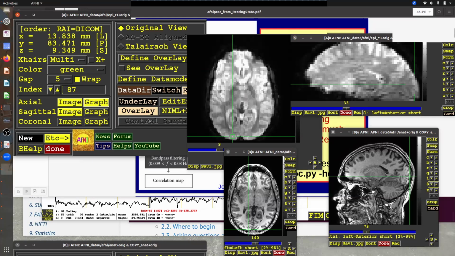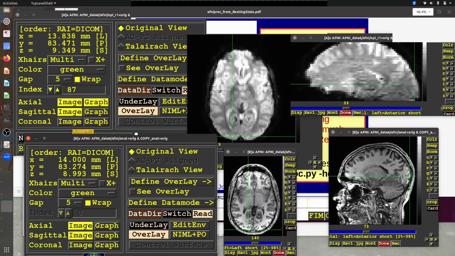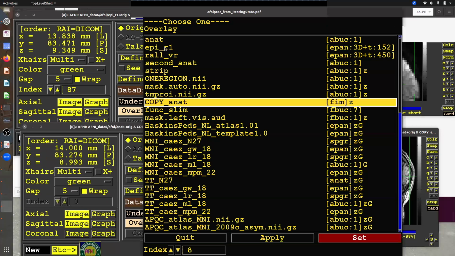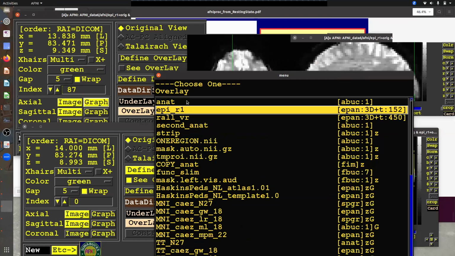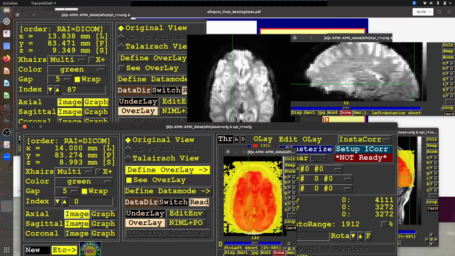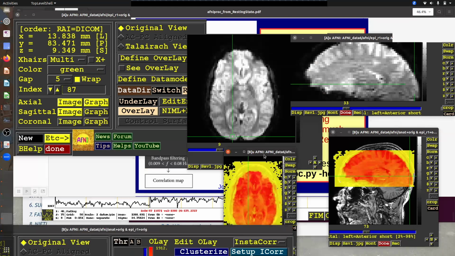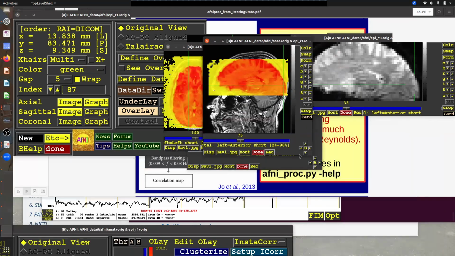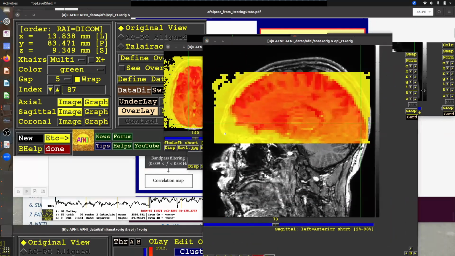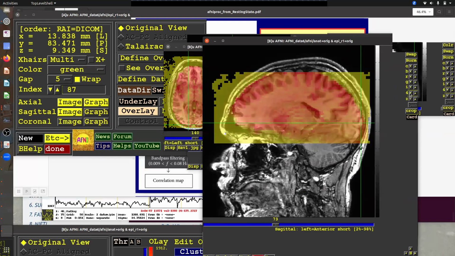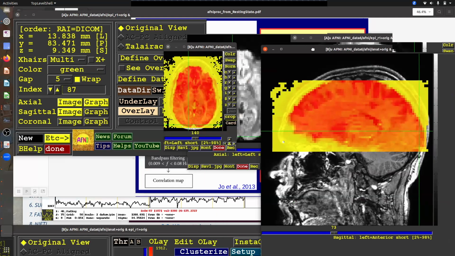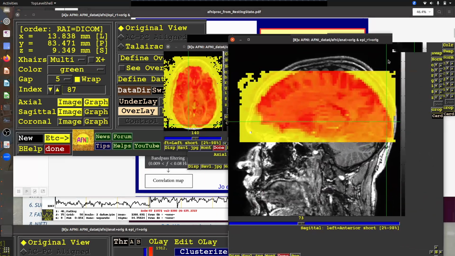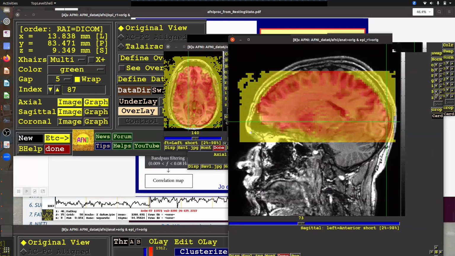Even between these two brains, if I go here and I overlay my EPI brain now, and I try to render this, you can see that these brain scans that we took consecutively while the subject was in the scanner line up pretty well, because the subjects, when they're in the scanner, they're not really allowed to get out and go back in, but their heads can move around a little bit.